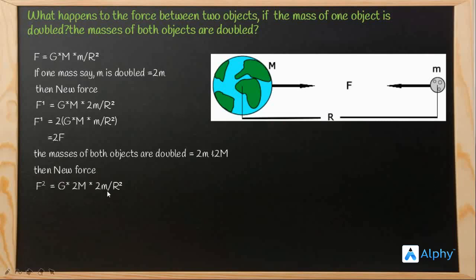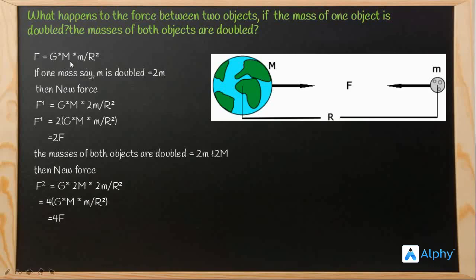So 2 into 2 gives us 4. So we can write it as 4 into capital G into capital M into small m by R square, and this represents the initial formula of F. So F2 is equal to 4 into F. That is 4 times the initial force.